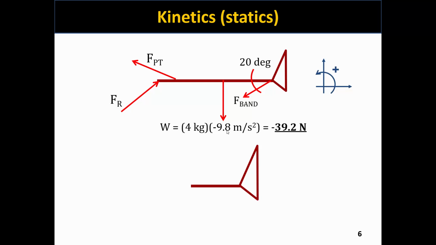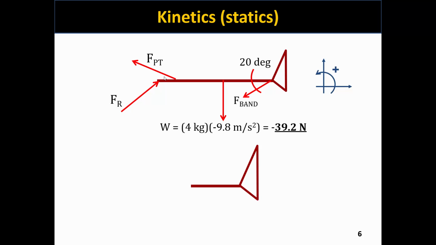When we do the math, we have a value of negative 39.2 newtons, and that confirms that the weight is acting downward in a perfectly vertical manner, and that's how we always represent the weight of any object.